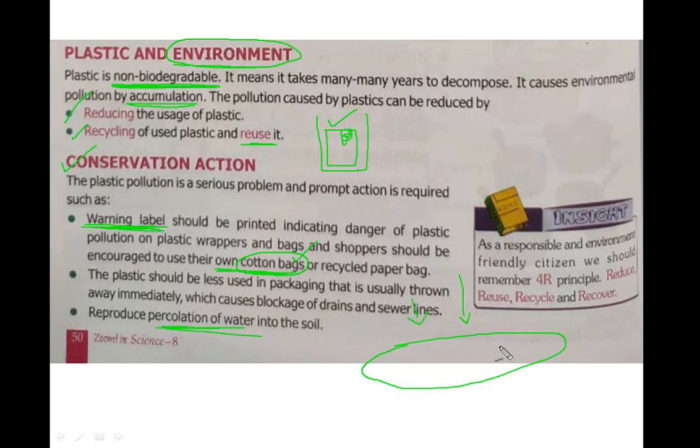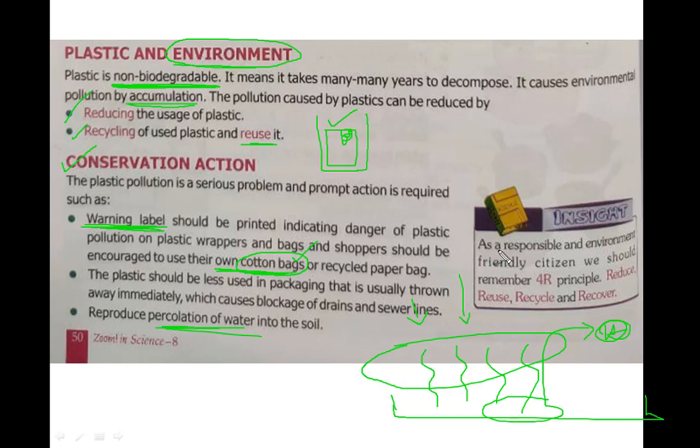The water should penetrate inside the soil and get deposited in the ground level, so that whenever it is needed, we can take this accumulated water for our homes. But if the soil is covered by plastic, water cannot percolate, cannot enter inside and get deposited. That is the meaning of percolation of water.